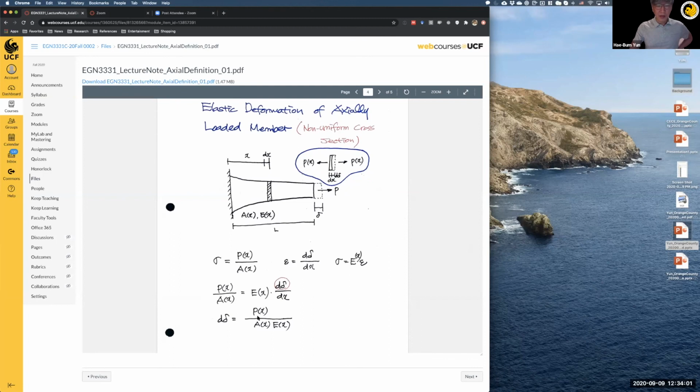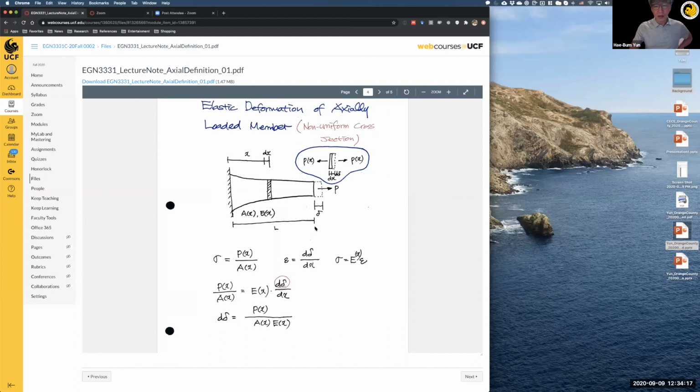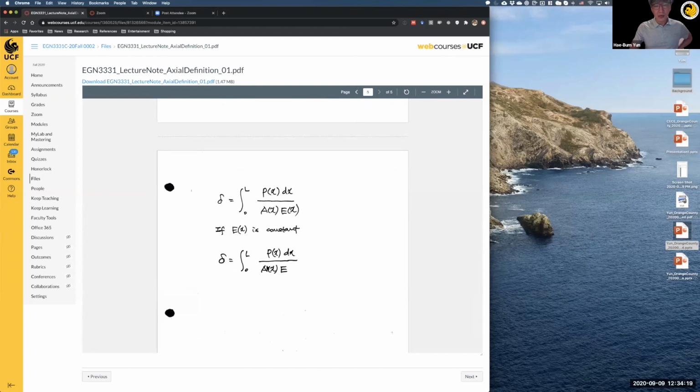So d delta is equal to P(x) over A(x) E(x). Then we have to take an integral from 0 to L, right? So this is what we do.